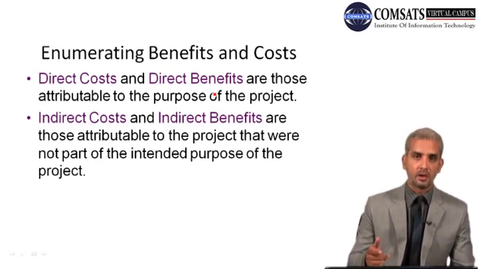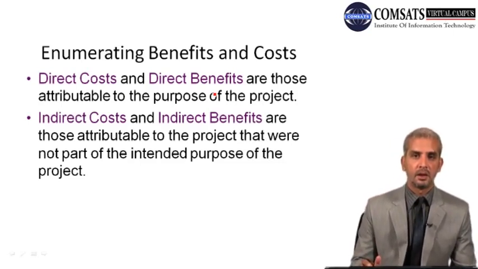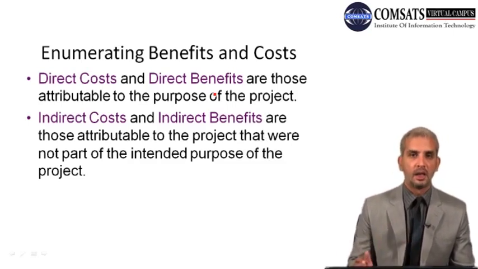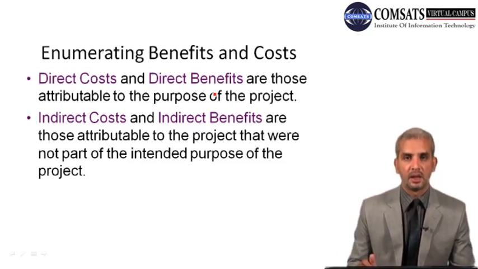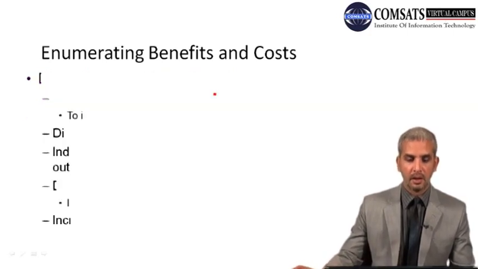Because if a few of the benefits or costs are not included, then the output level would be inefficient. We have discussed that in the starting lectures on the role of the government in the economy.